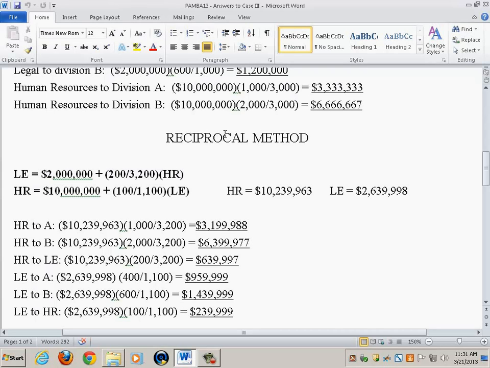Just in case you have aversion to solving simultaneous equations, you can rest assured that you're not going to be required to do so in exams, and the reason is that this is not a course in math. It's not a course in algebra.